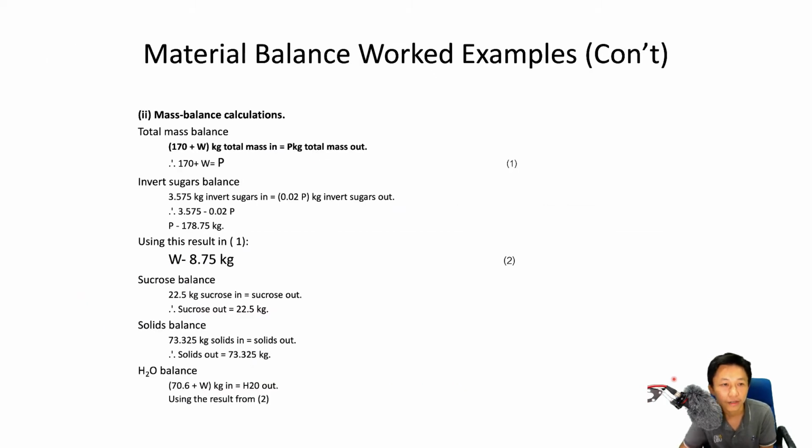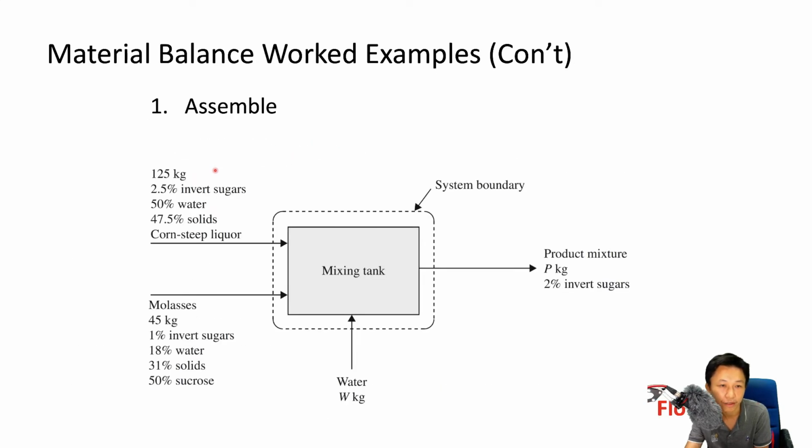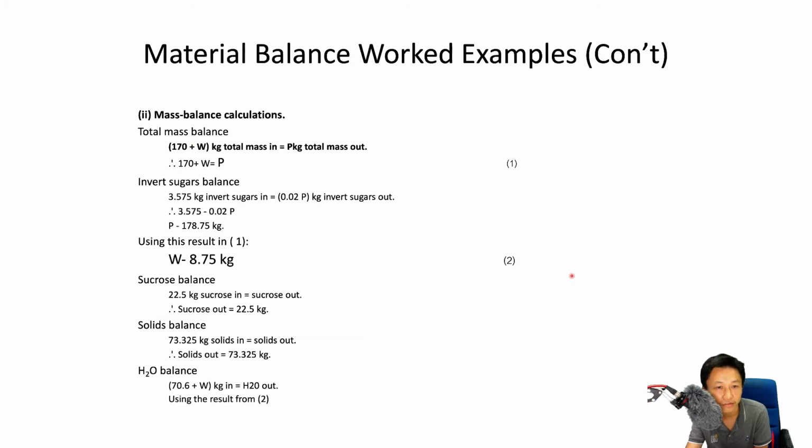Okay, the mass balance means total inlet equals total outlet, so you have this equation: 170 plus W equal to P. This is the first equation.